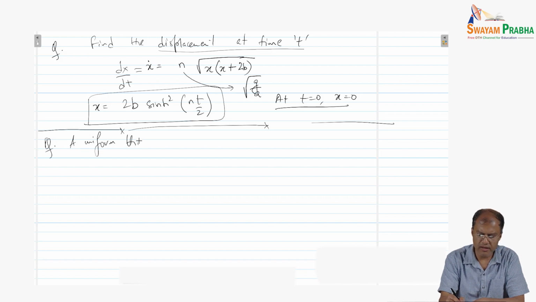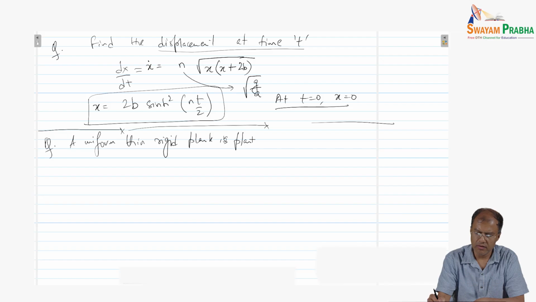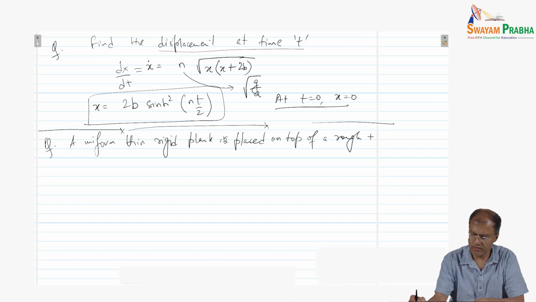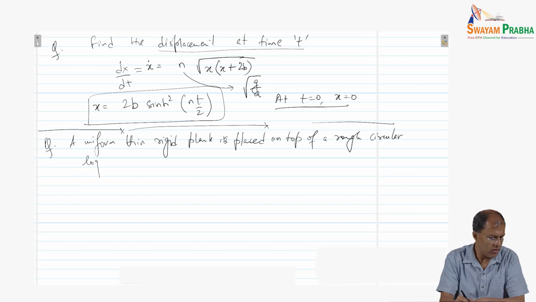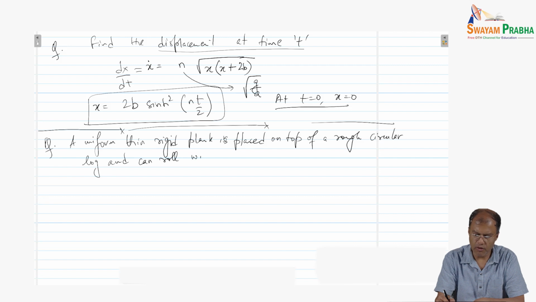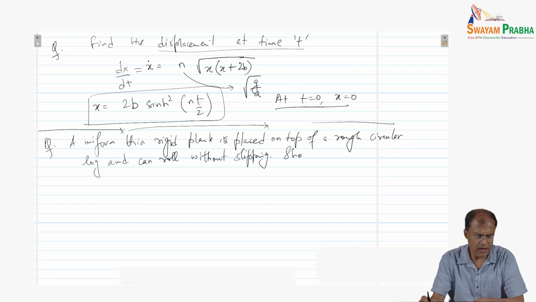A uniform thin rigid plank is placed on top of a rough circular log and can roll without slipping.